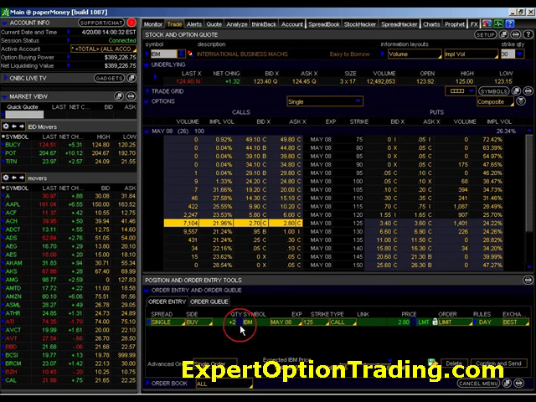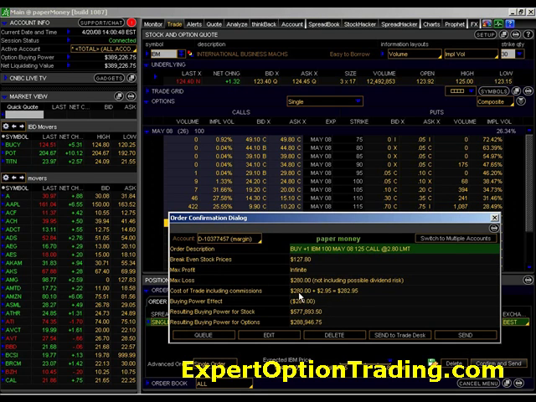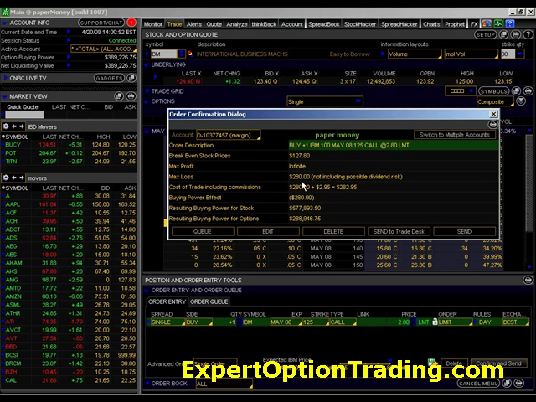One contract of the 125 call option on the May expiration of IBM would cost you $280, because one contract equals 100 shares of IBM.